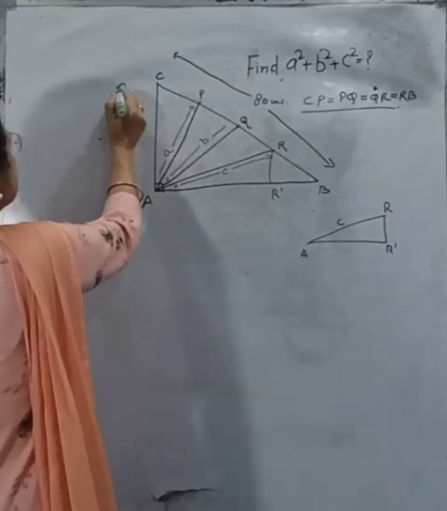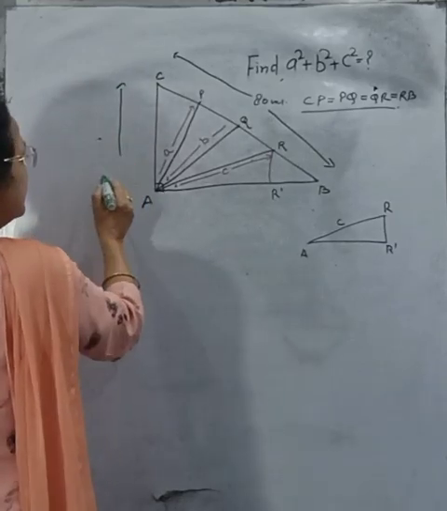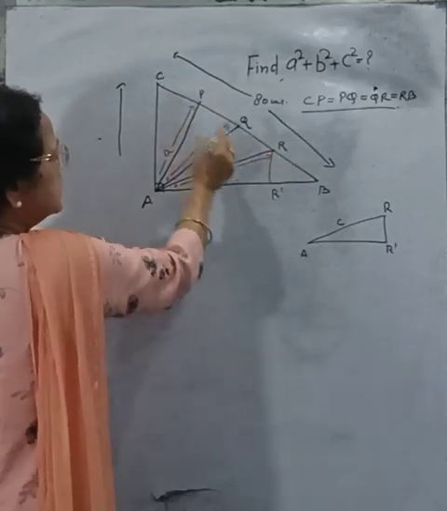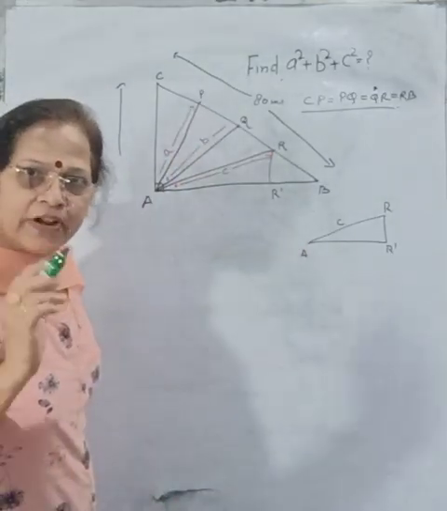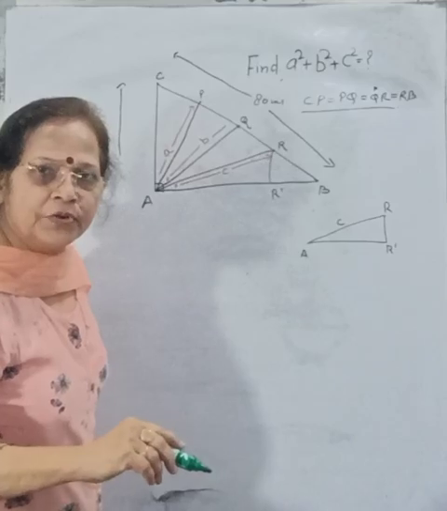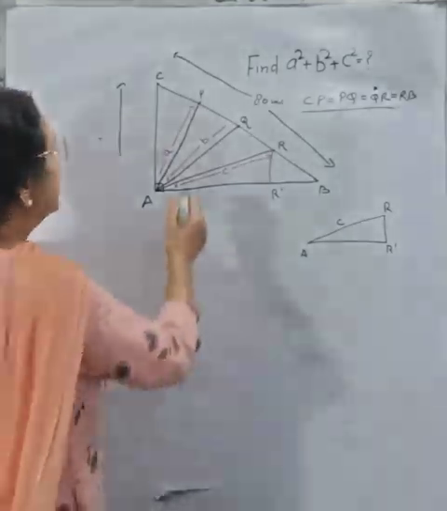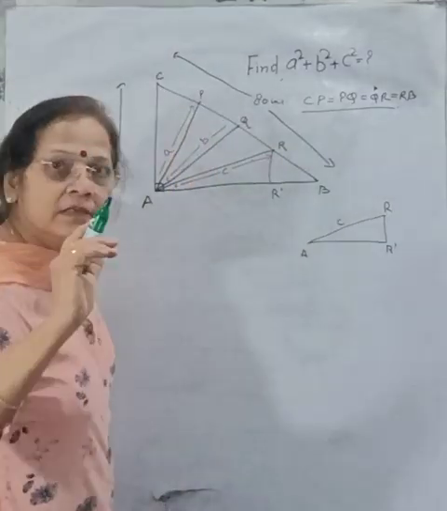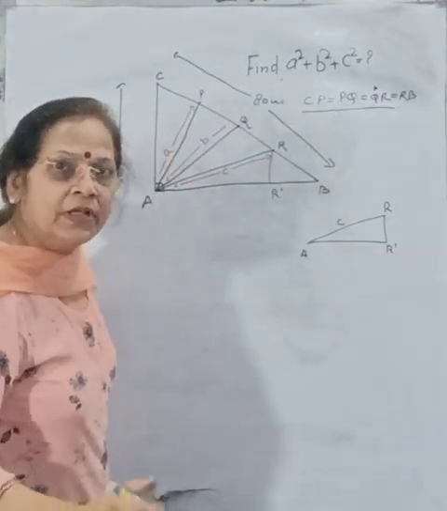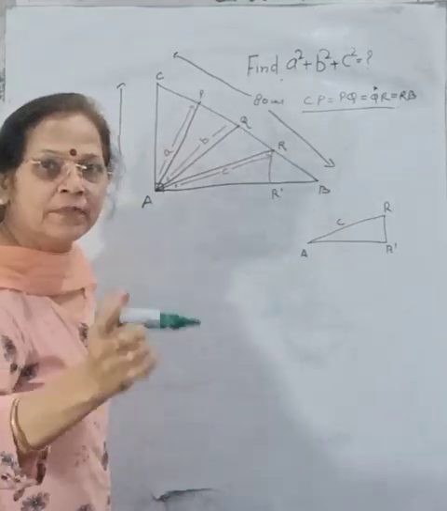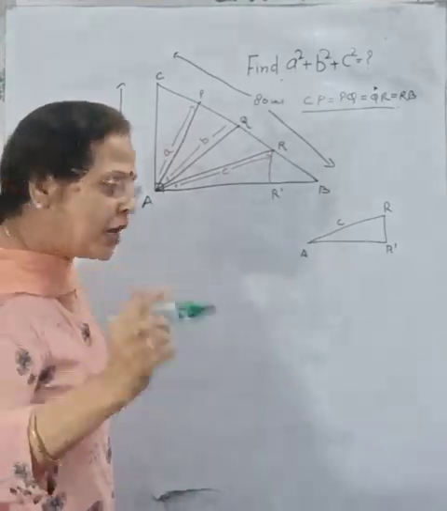Because the diagonal is divided into four equal parts, and we drop the perpendicular from the points on the diagonal to the base as well as the perpendicular, the perpendicular and base both will be divided into four equal parts.